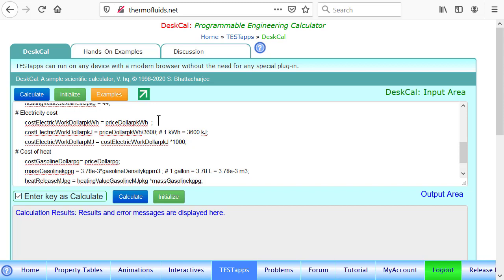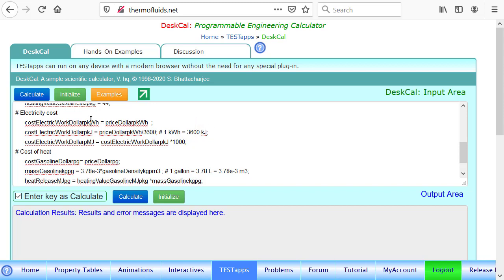Pretty straightforward. So the cost of electricity on a per kilojoule basis, because 1 kilowatt hour means what? A kilowatt on for 1 hour. So the energy consumed in a kilowatt hour is so many kilowatt times seconds, which is kilojoule. In 1 hour there are 3600 seconds. So 1 kilowatt hour is nothing but power times time: 1 times 3600 equals 3600 kilojoules.